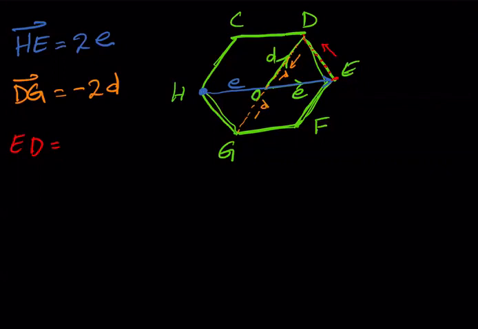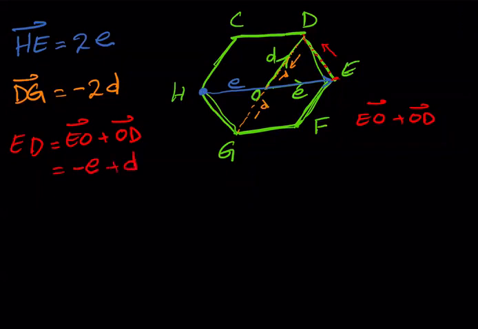We take E to O, which is going to be minus E. So ED is EO plus OD. EO is the opposite direction to OE, so it's minus E, plus D, because from O to D is positive, it's D. Therefore, the answer is minus E plus D, or D minus E.